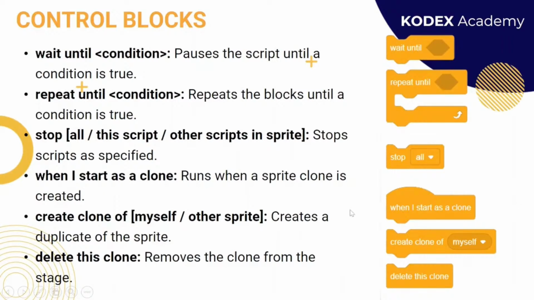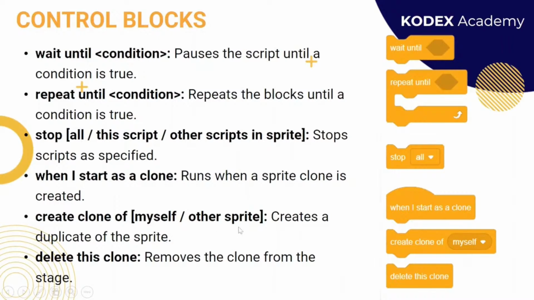In Scratch you have an option to create multiple clones of a particular sprite. Like here you can see this block, create clone of myself and other sprites. If you have a default sprite, it always shows myself, meaning a single sprite you have chosen, it will show myself.